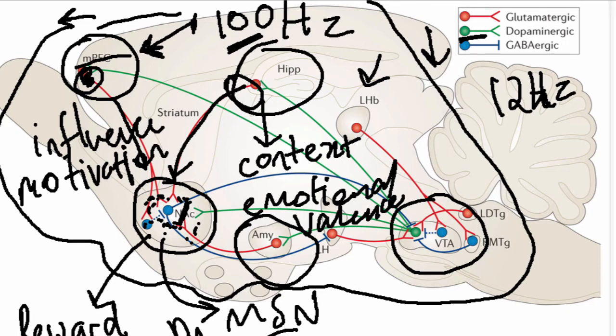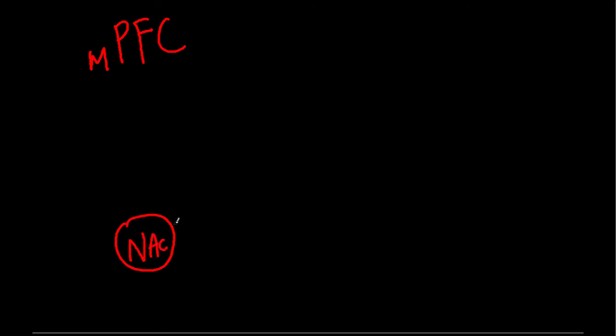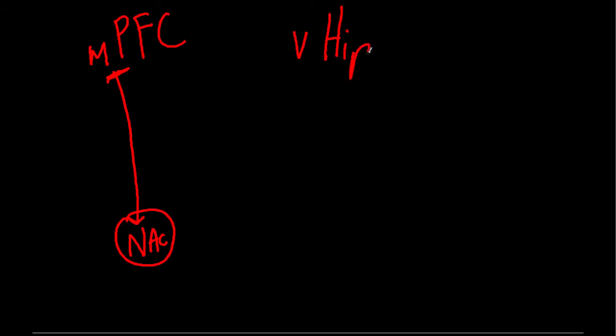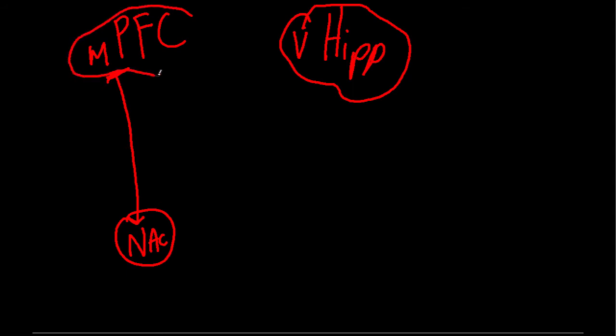Say this is our medial prefrontal cortex. This is the NAC. There's a glutamatergic pathway linking to it. This is a ventral hippocampus here. Not completely necessary to have it in, but just for the sake of completion.